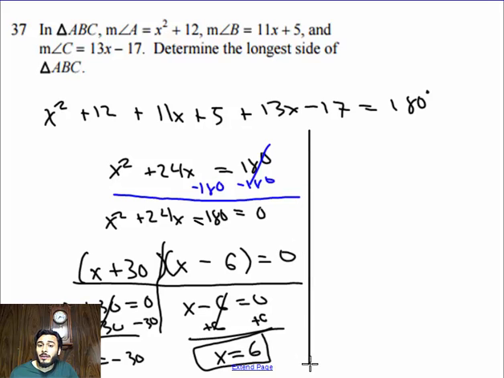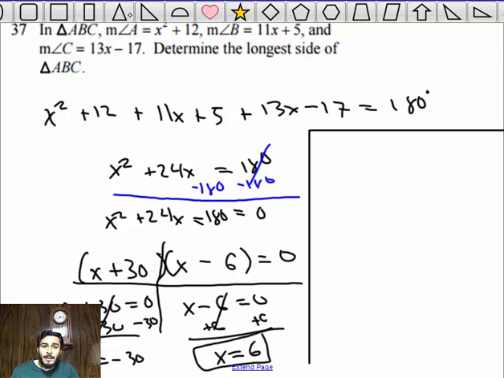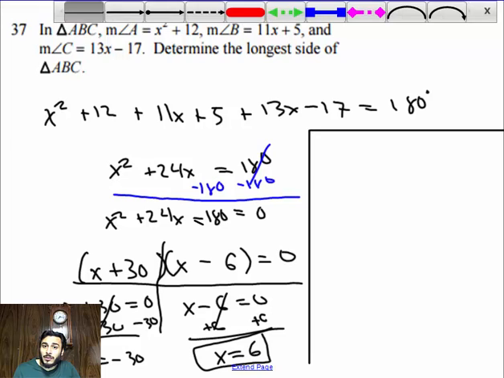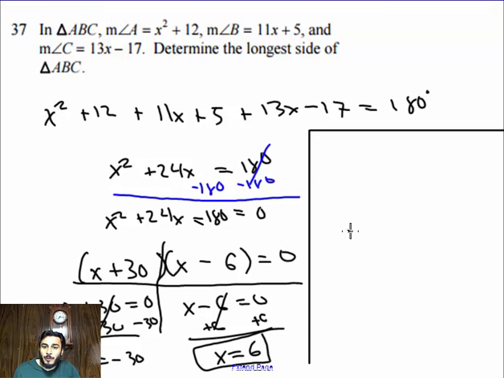All right, we're still not done. I know this is a little bit of a long one. If you draw the triangle, by the way, this triangle is not drawn to scale. I'm just going to draw an arbitrary triangle and then just call it triangle ABC.